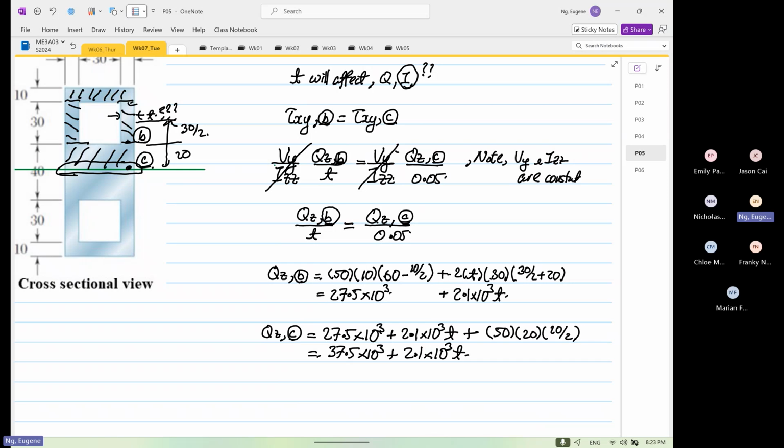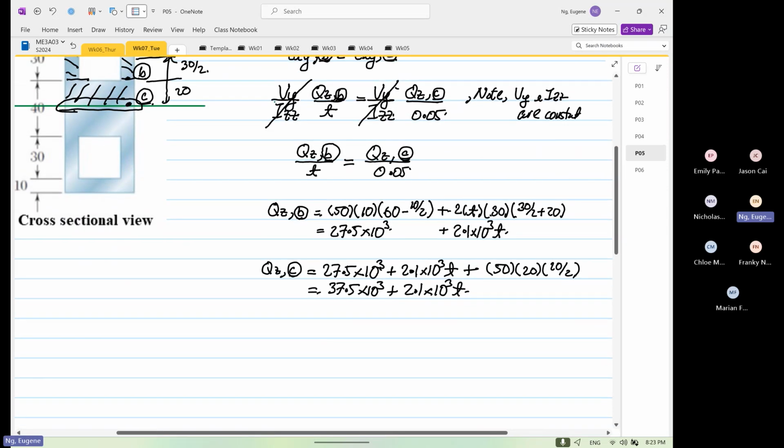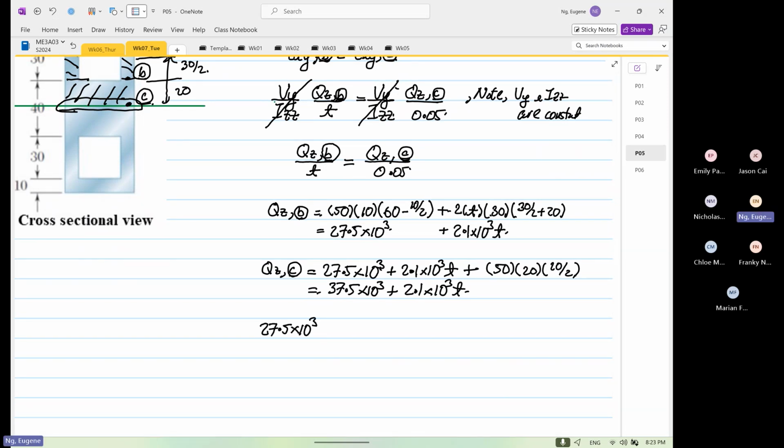So now we have everything, and the math is pretty straightforward from now on. So QZ at point B is 27.5 times 10 to the power 3 plus 2.1 times 10 to the power 3 t, divided by thickness, which we don't know.